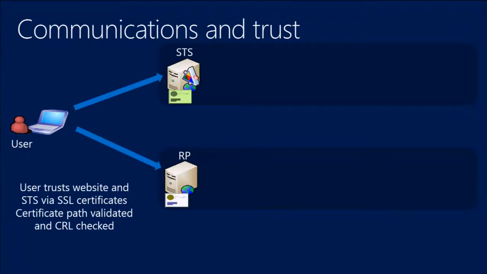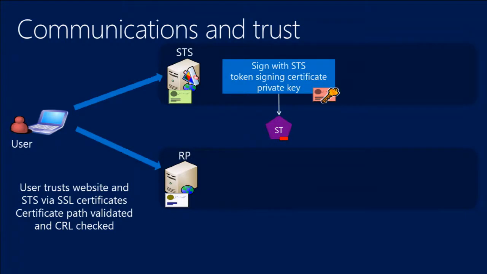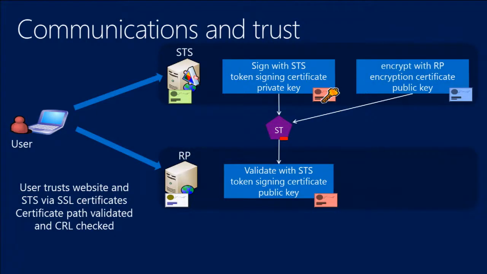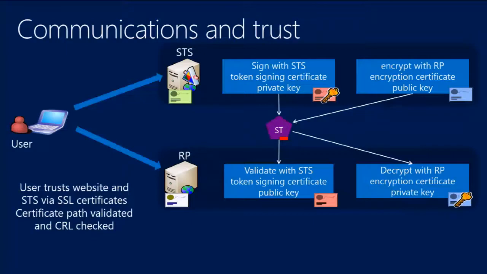In terms of communications and trust, the security token is signed by the STS, which has a private key, and to validate it, we need the public key. If it's encrypted with the public key of the relying party, we will need the private key to decrypt it.